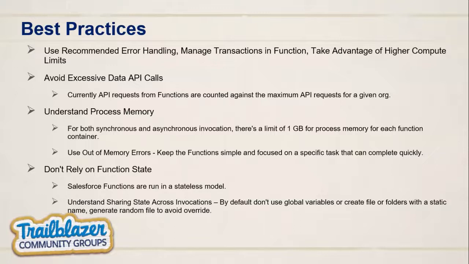We should not make excessive data API calls, so that it will not affect our function execution, and it will not be counted excessively against the overall API limit we have for our org. For instance, now all orgs using functions have a limit of 235,000 API requests per day for a particular org. So we can make use of this in an effective manner by avoiding excessive API calls.